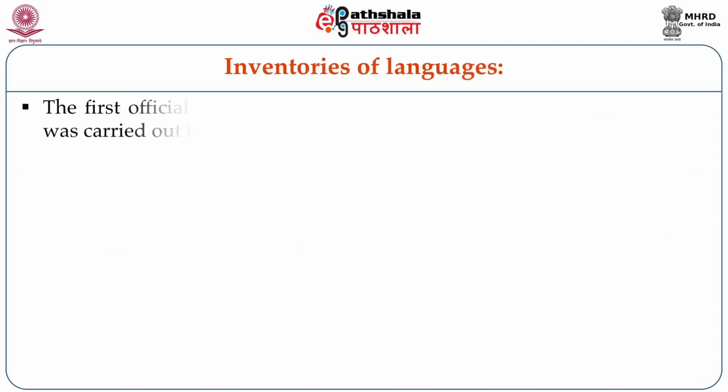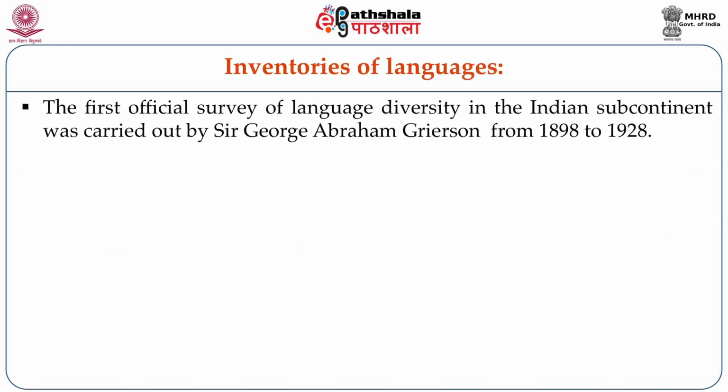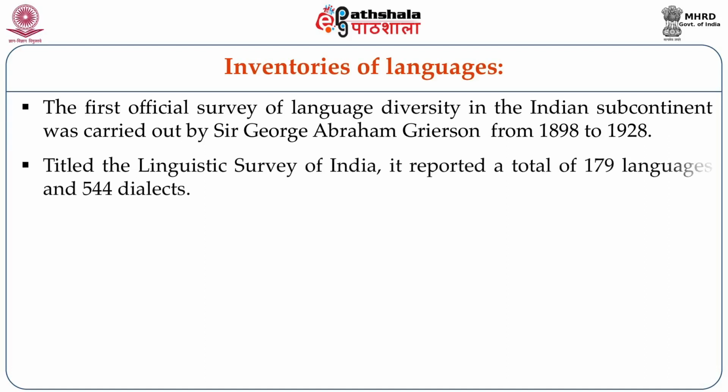Inventories of languages. The first official survey of language diversity in the Indian subcontinent was carried out by Sir George Abraham Grierson from 1898 to 1928. Titled The Linguistic Survey of India, it reported a total of 179 languages and 544 dialects.